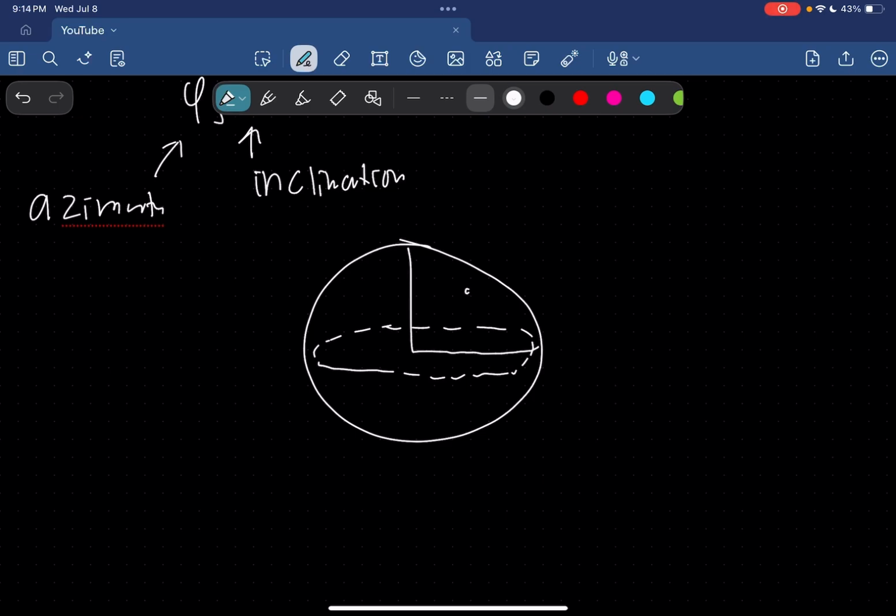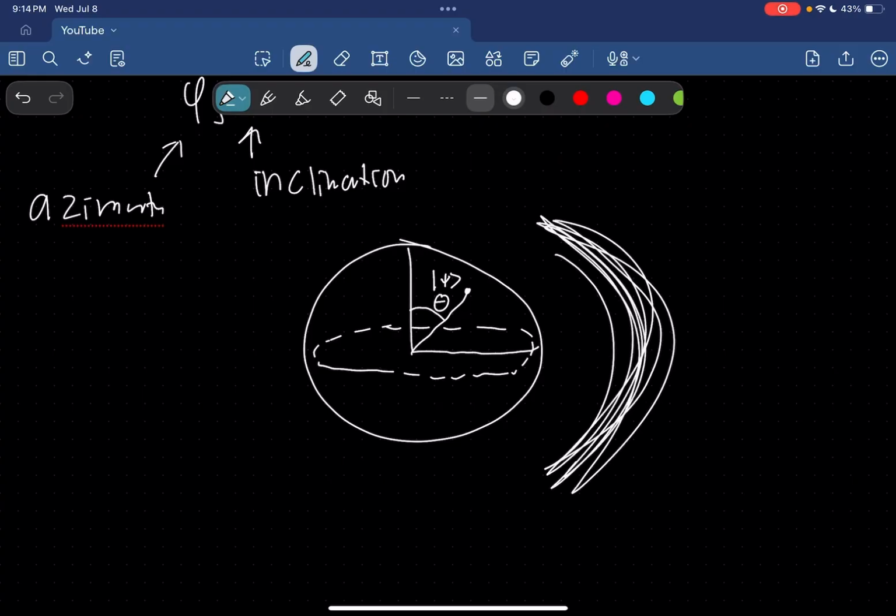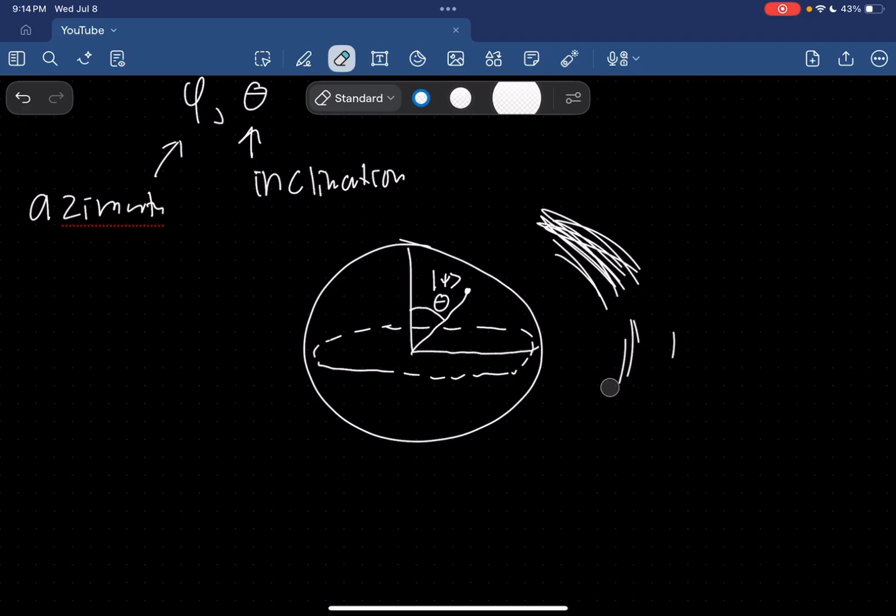Let's say this is our psi. So this is the inclination, theta, which again is between 0 and pi. Theta determines the inclination between the north and south pole of the sphere.